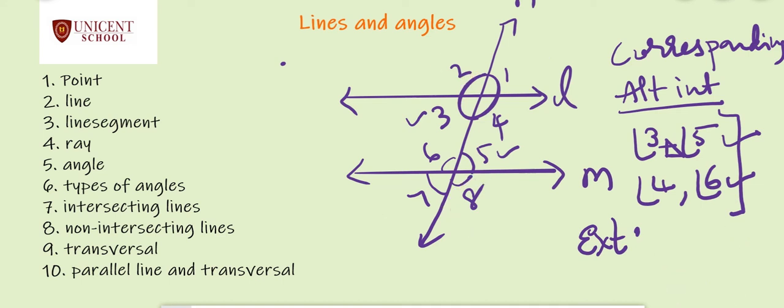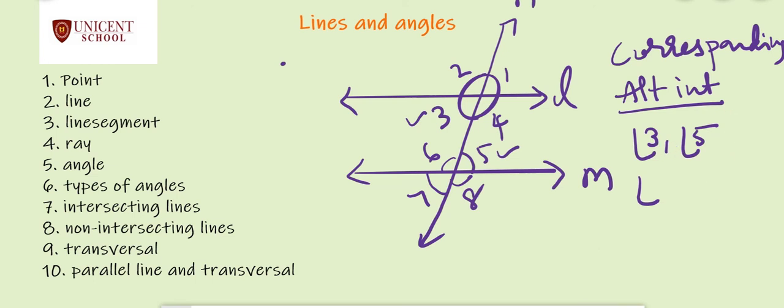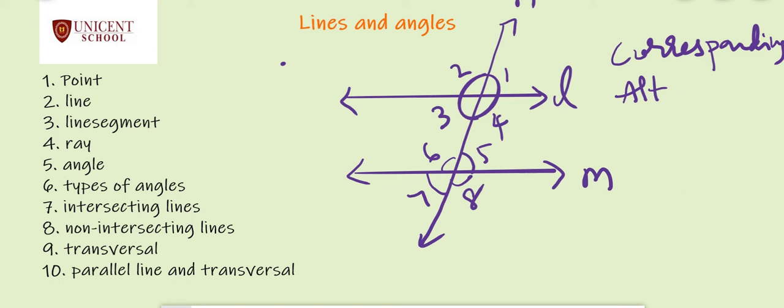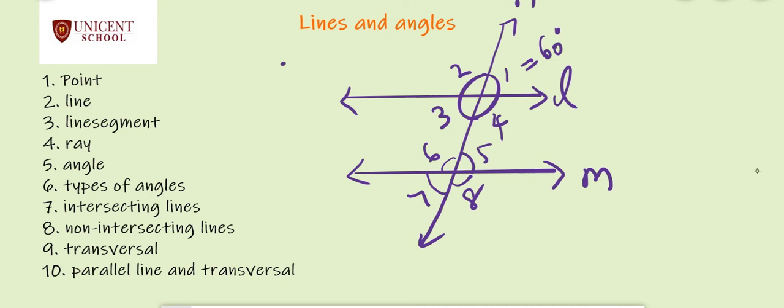Now let's take an example and check whether we'll be able to find the other angles if one angle is given, with the help of the properties which we have learnt. So let us take angle 1 equals 60 degrees, and I have to find all the other 7 angles. Angle 2 equals 120, because of the property of the linear pair.